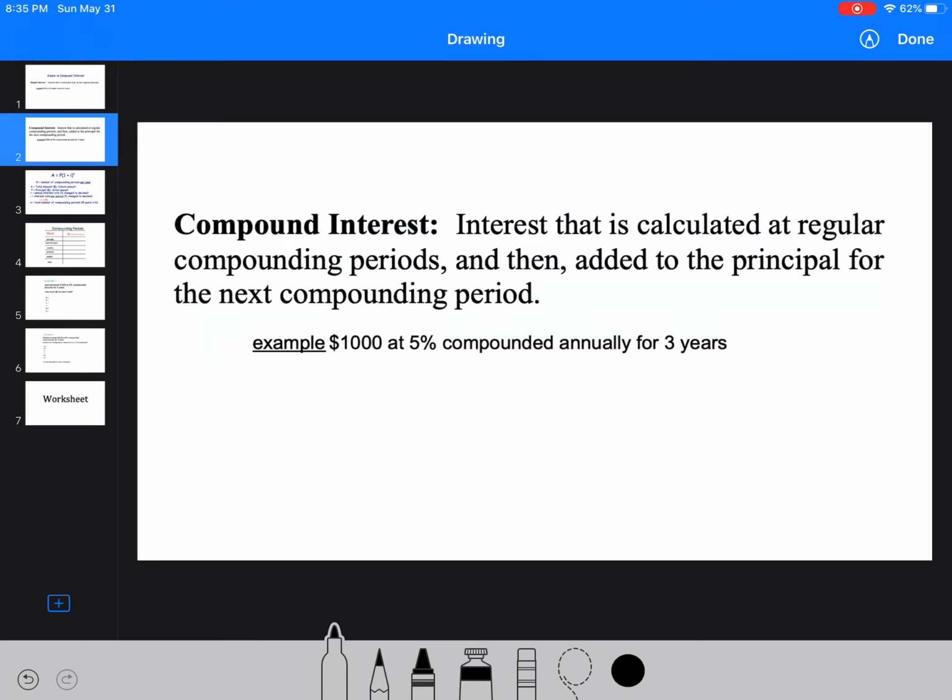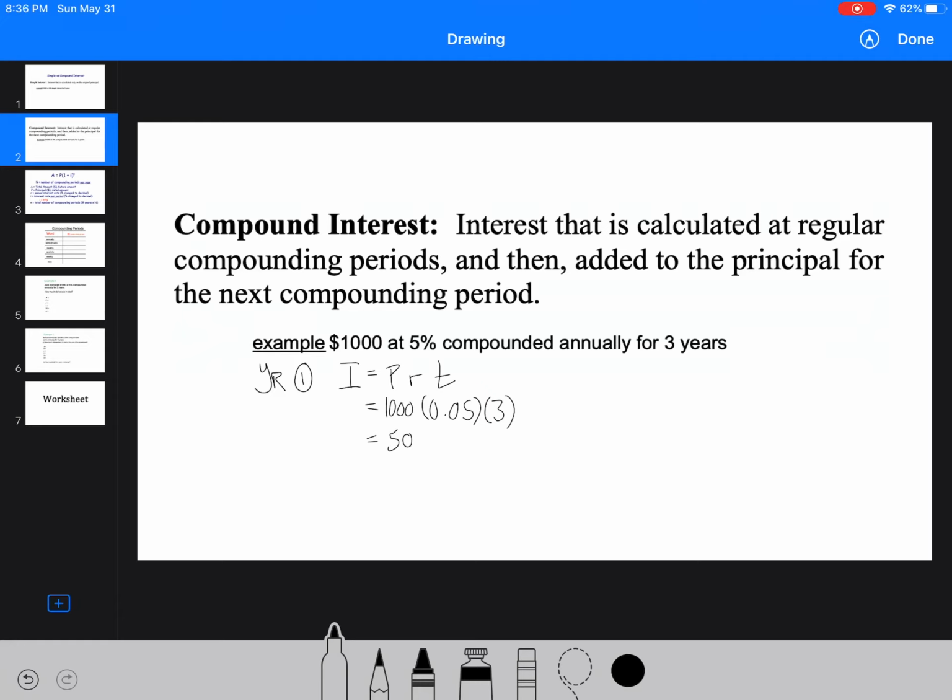Now, compound interest is interest calculated at regular compounding periods, and then it's added to the principal. So what we're talking about here is in year 1, we've made our $50. It's still the same thing, so I equals PRT, and we've got 1,000 times 0.05 times 1 equals 50.